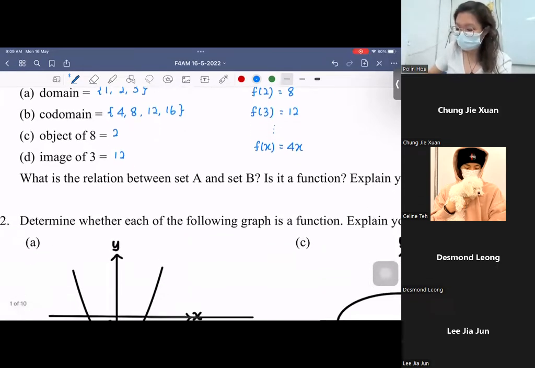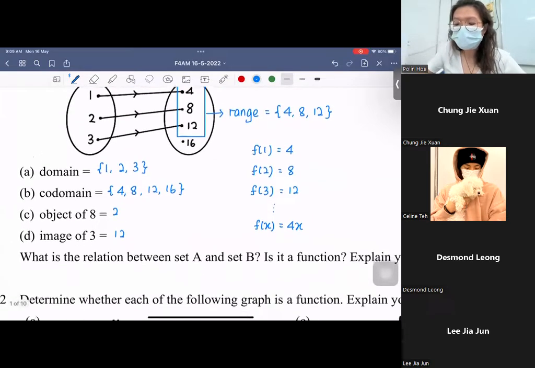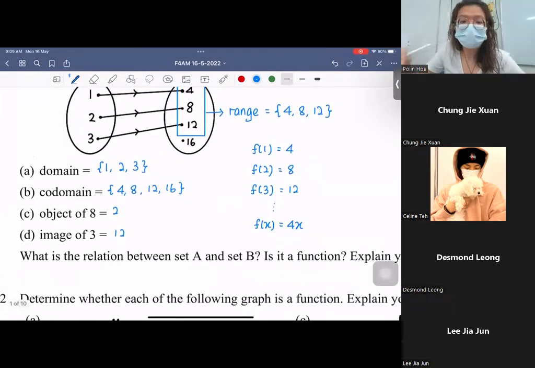So the next part of the question, what is the relationship? Okay, what's the relation between set A and set B? We should say that f(x) equals 4x, right? One object has only one image. Every image has only one object.